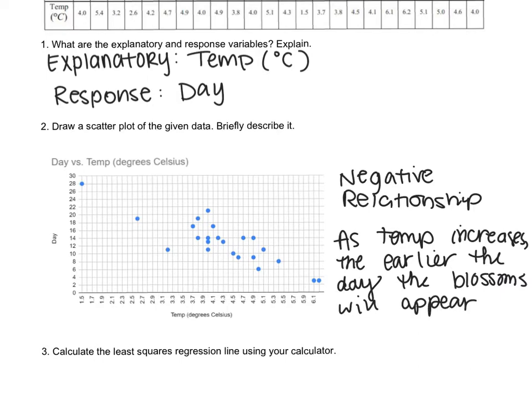Which makes sense. Like the warmer the temperature, it makes sense that the cherry tree would bloom sooner because it's warmer. And if it's colder, it's going to take longer.